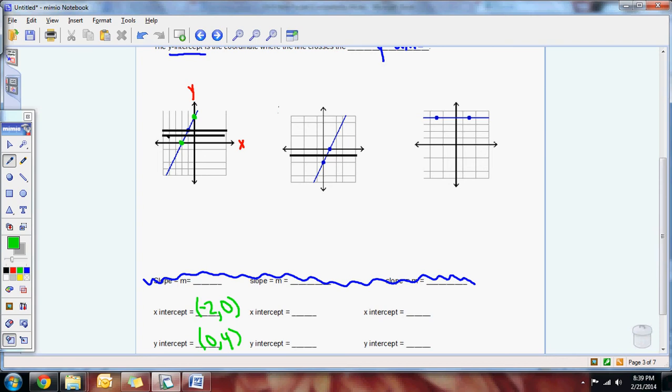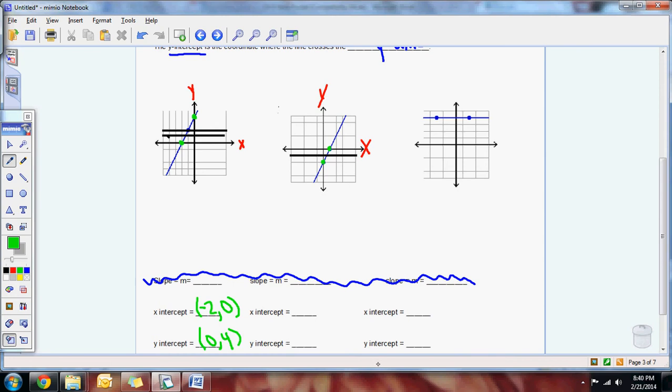Okay? Your x and your y-intercept are just points on your line, and you're going to write them as ordered pairs. Okay? So let's look at this line. I have my x-axis and my y-axis. Always label those so you don't get confused. So where this point hits the x-axis would be right here, and it hits the y-axis right here.